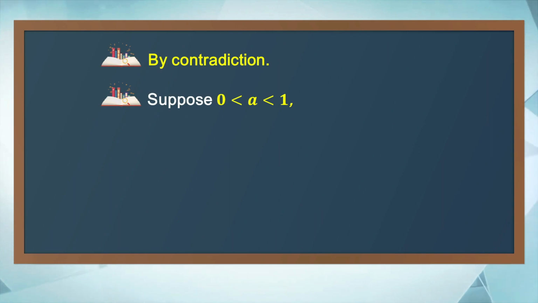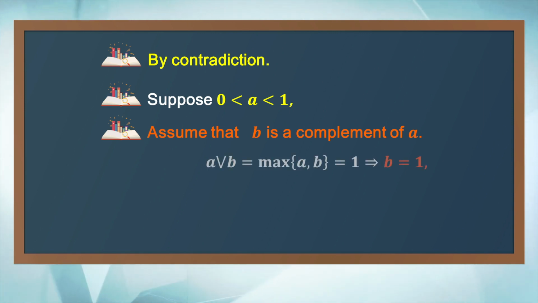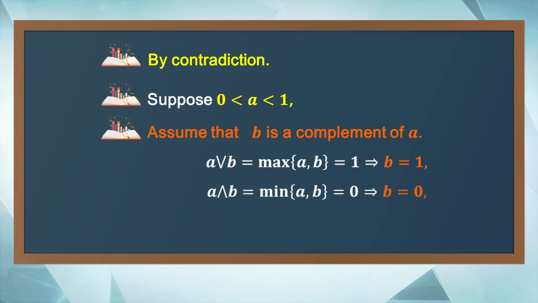Suppose a is a real number, 0 is less than a, less than 1, and assume that b is a complement of a. Using the definition of complement of an element, we have the maximum of a and b is 1, and the minimum of a and b is 0.